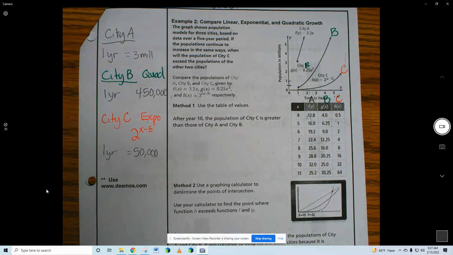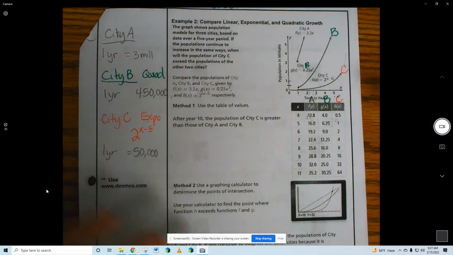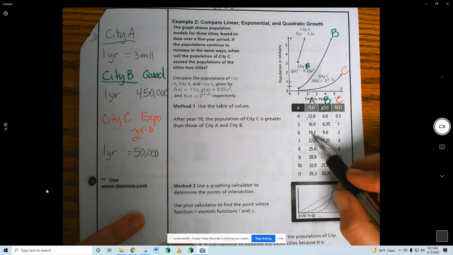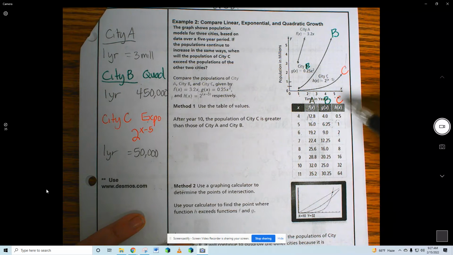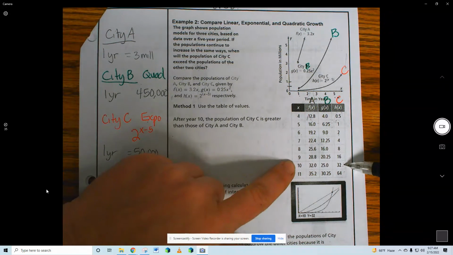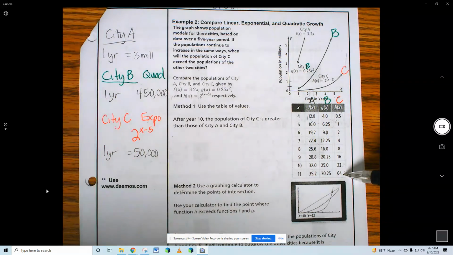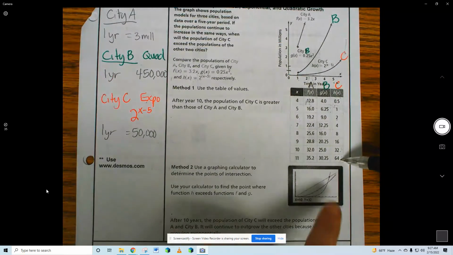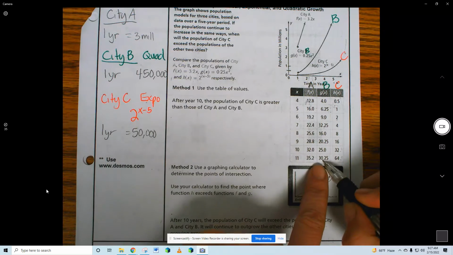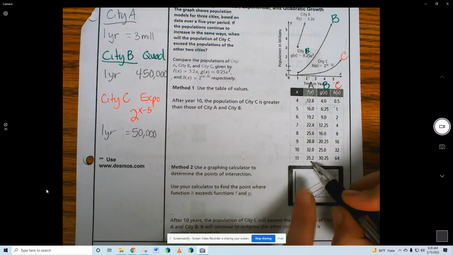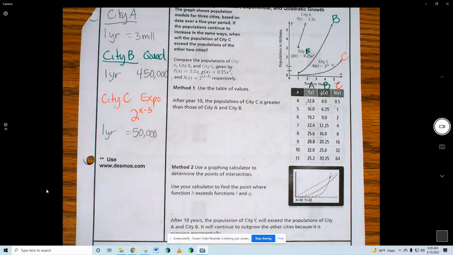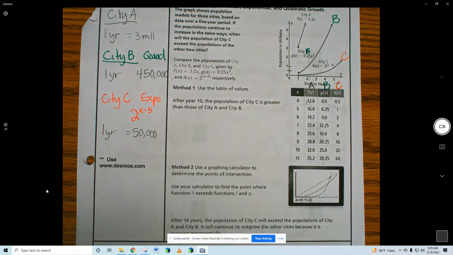Year 6: 19 million people versus 9 versus 2. When will city C, look at C only, when will C be bigger than the rest? When? 10 years, it's the same as city A. 11 years, city C is 64 million, whereas the other two are only 30 million in city B and 35 million in city A. So we're learning how to read a graph, and we're learning how to read a table of values.